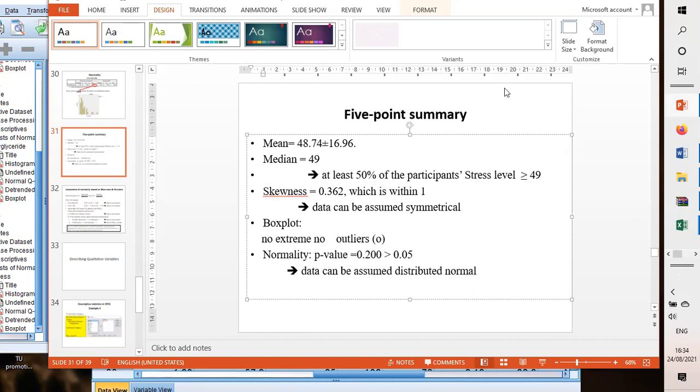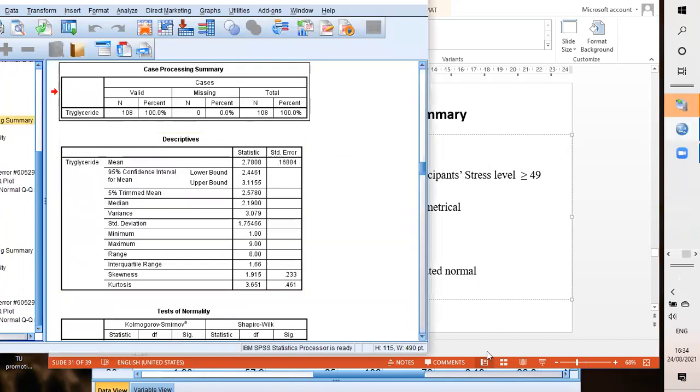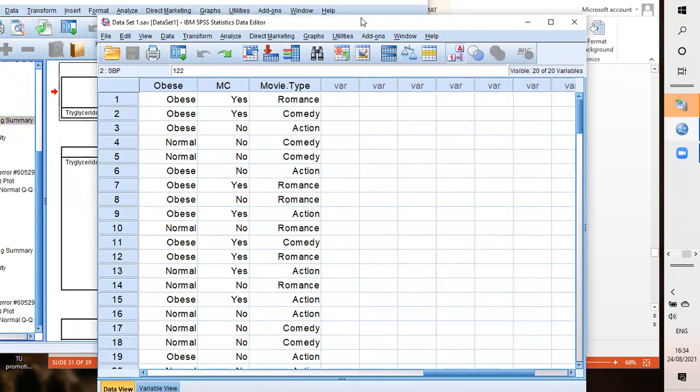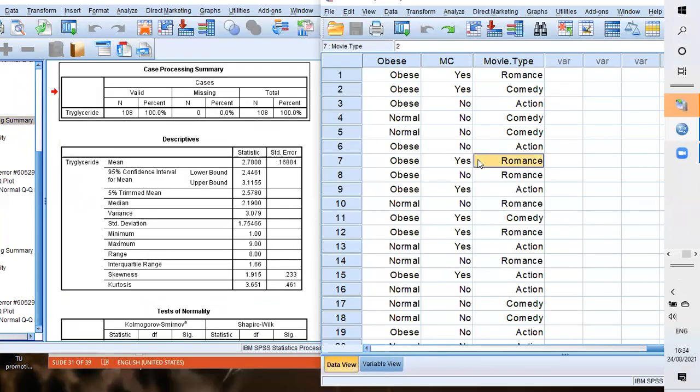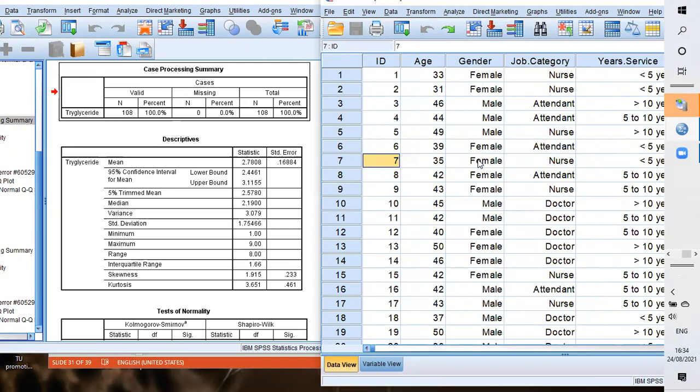All right, open your SPSS. Open this file. How do I open the file? Have you installed SPSS?